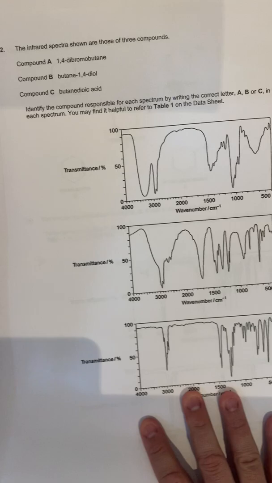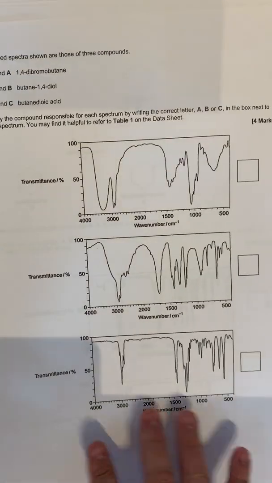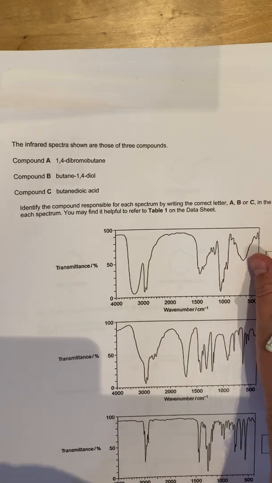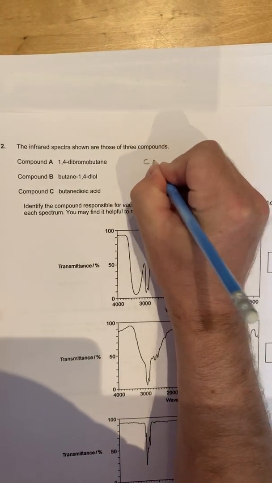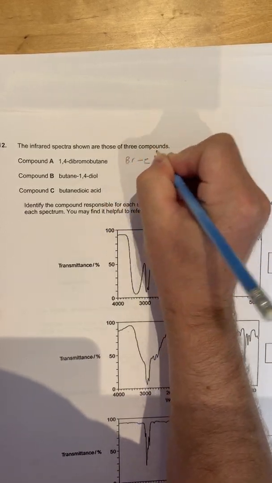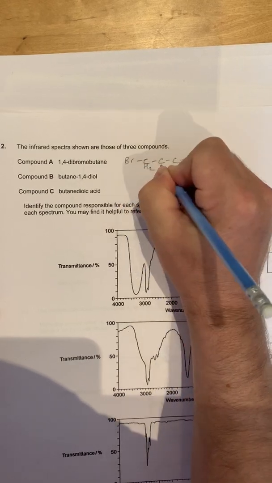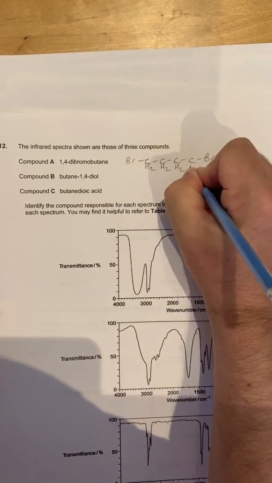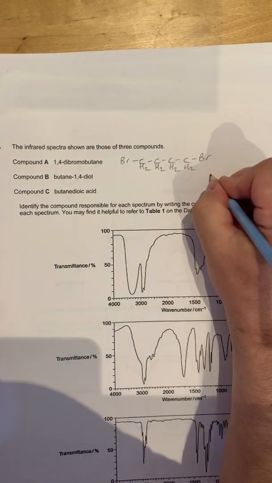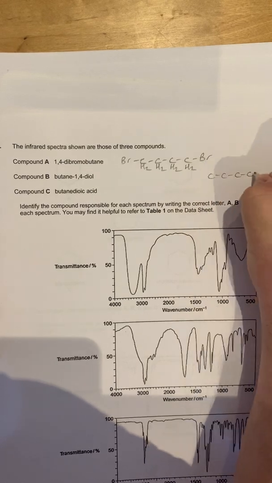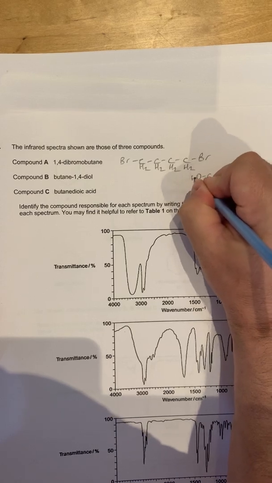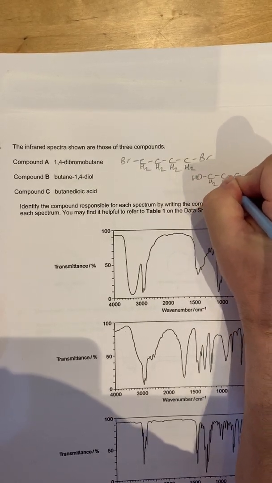Oh, page 31. Probably should have drawn these on there because we haven't covered all these. Right, butane, 1,4-dibromobutane. Right. Butane 1,4-diol. So that's butane, 4 carbons, and then just another load of H's coming off that.